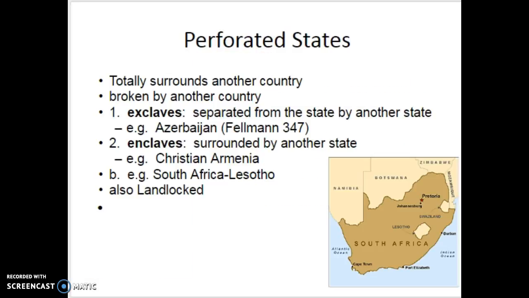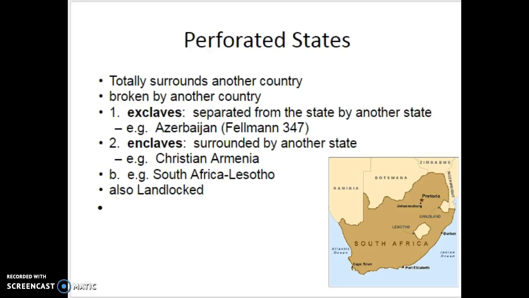All right, and then the last one is what is called perforated states. This is a state that completely surrounds another one. The best example on the screen right now is South Africa, where the apartheid, which we talked about in Chapter 7, the segregation of government, separated primarily the black Lesotho from the rest of the country, leaving it completely surrounded by South Africa.